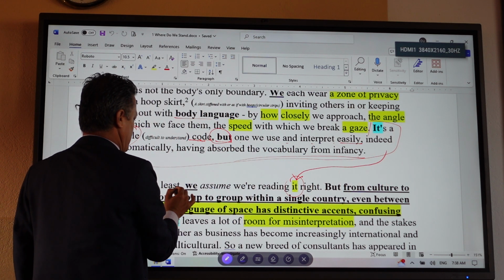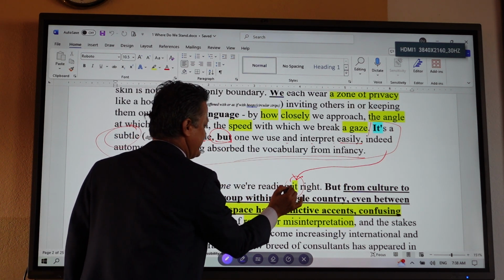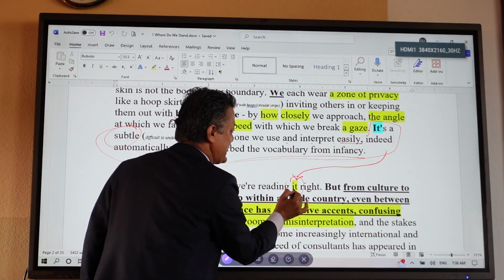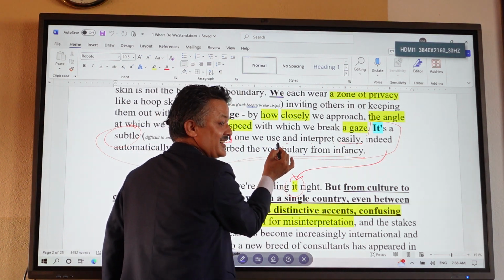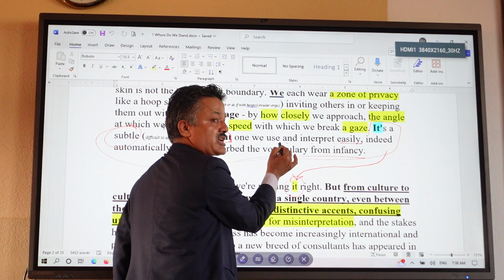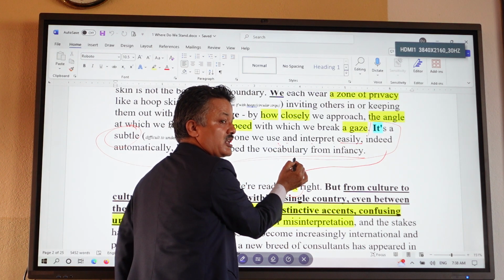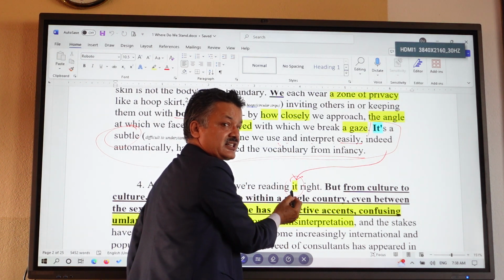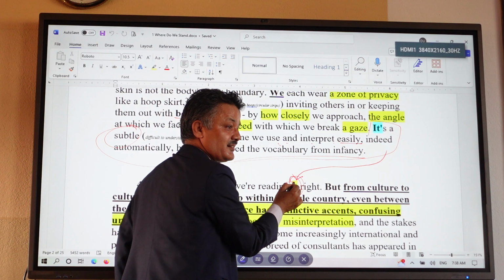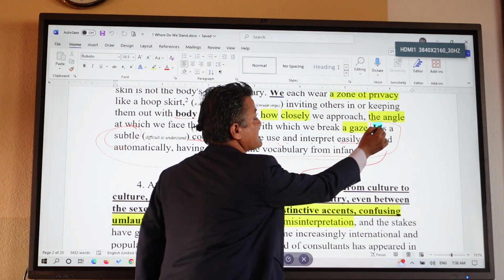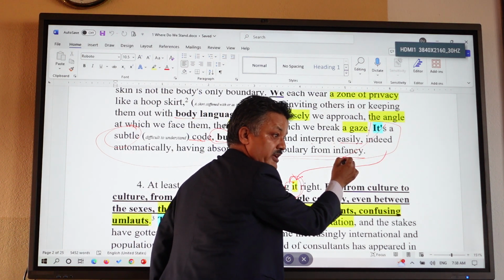Look here, at least we assume we are reading it right. Reading it right means, when I said we can easily understand body language in our culture, he says, I guess it's right. So the word it is for this idea from paragraph 3.